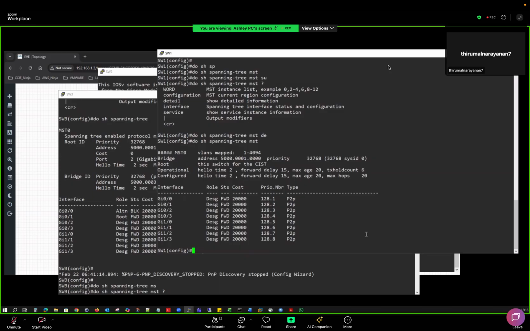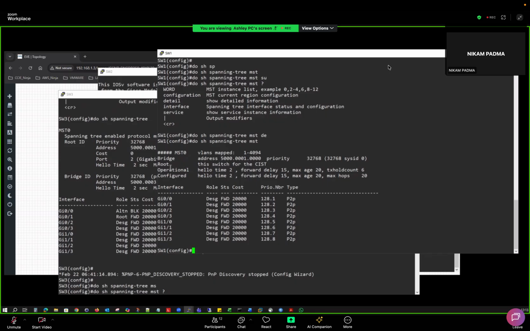I'm saying that MST is going to map the VLANs 1 to 4094, right? What is the bridge ID? Bridge ID we have 5000. So this root is showing for whose? Common, not centralized, common internal spanning tree protocol.